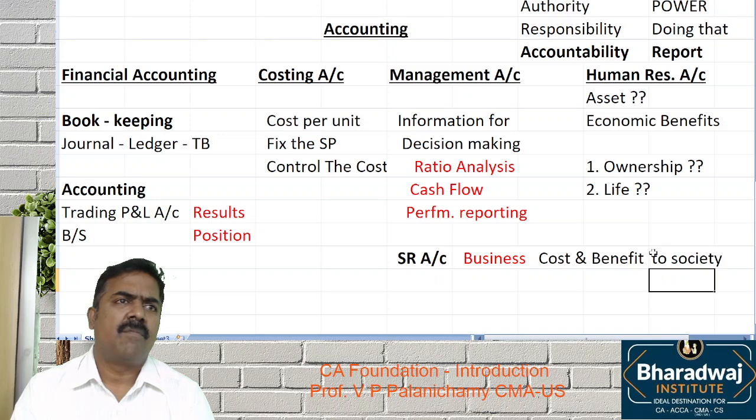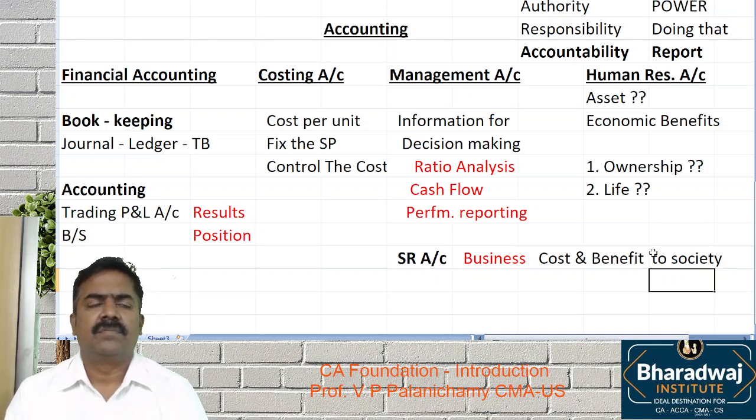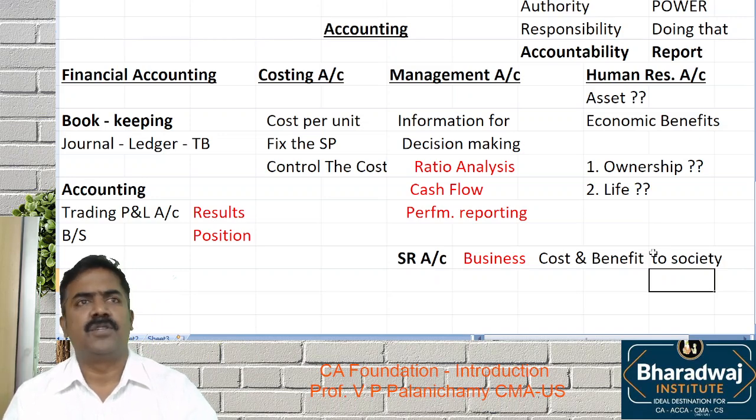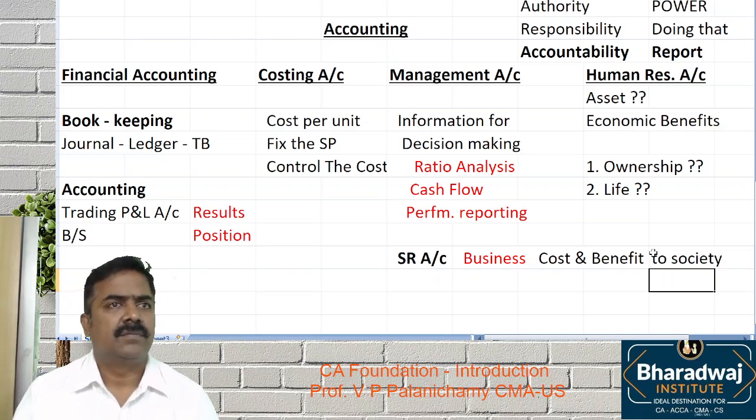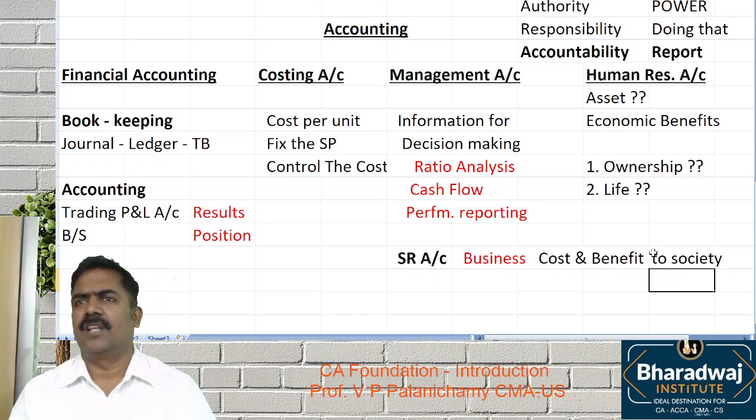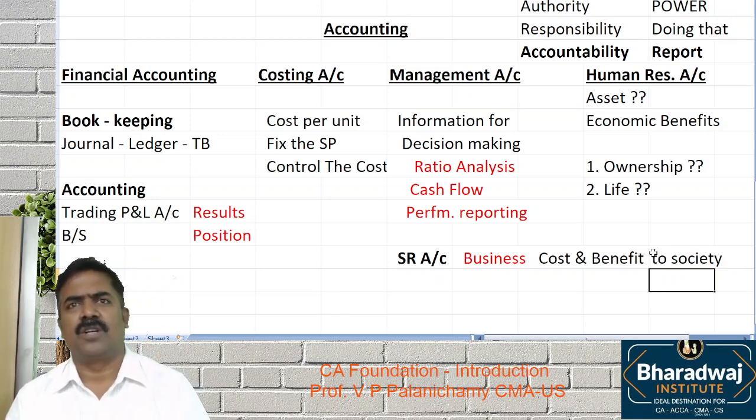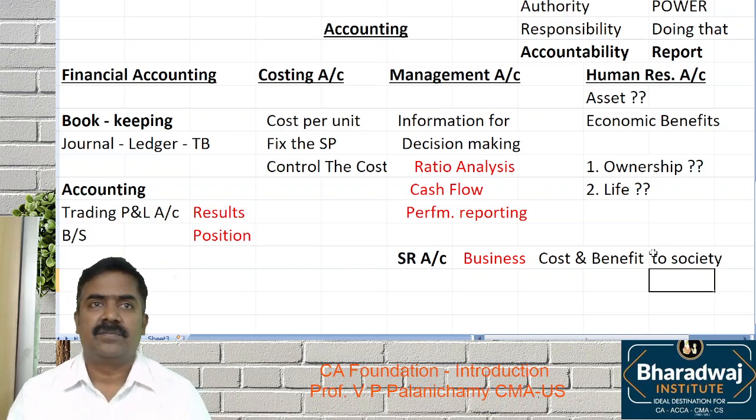Example. What is the benefit of running Bharadwaj Institute? Create professionals, intellectual property of the country goes up, more chartered accountants. Okay, very good. What is the cost to the society?